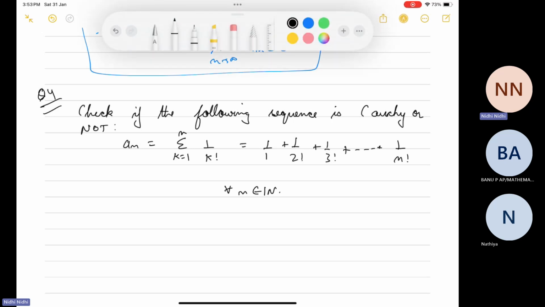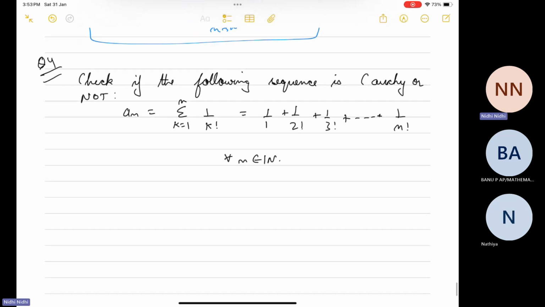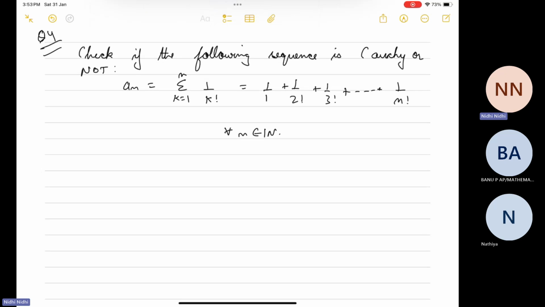For that, let us firstly recall the definition of a Cauchy sequence.